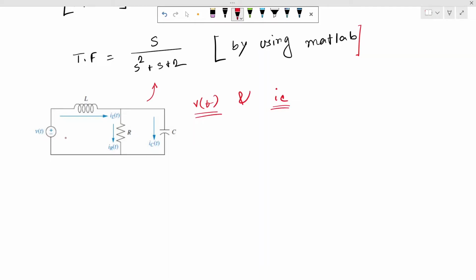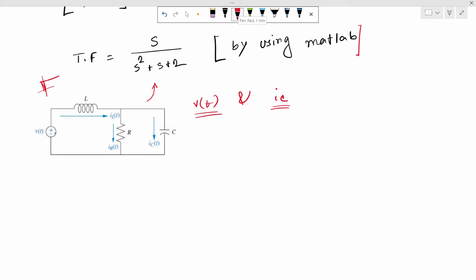If I give a step input, which is like this, to this system, I will get an output in the form of this IC current. So what is the step input? Step input is nothing but a DC source or DC voltage or a continuous voltage. If I supply this continuous voltage in this circuit, then what will I get as IC?